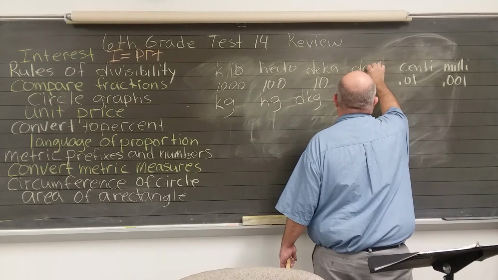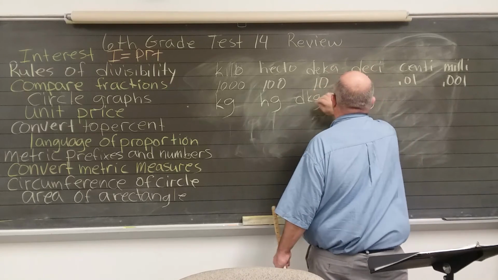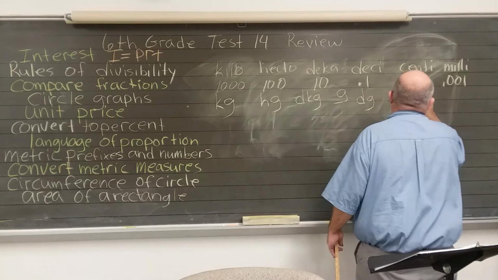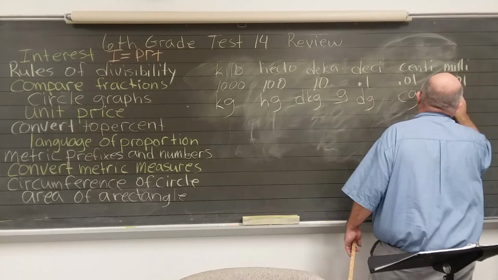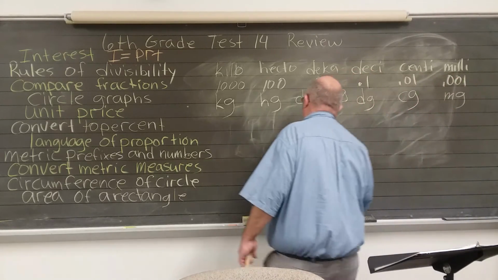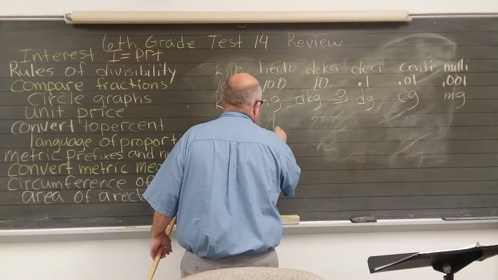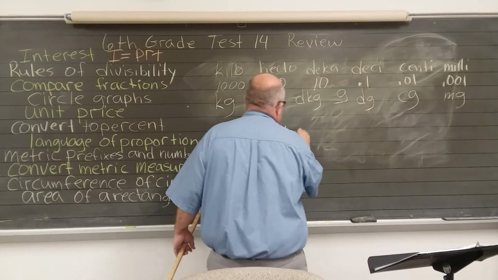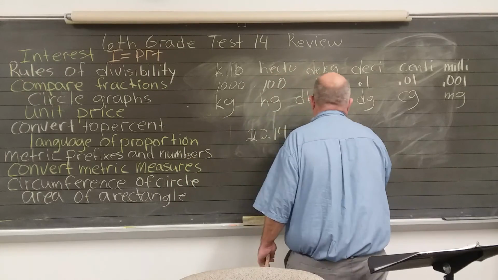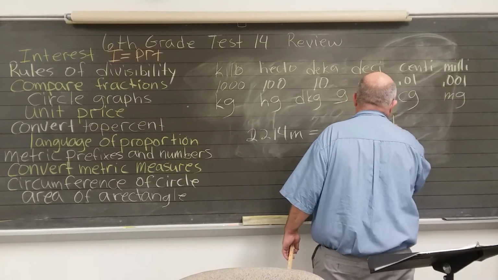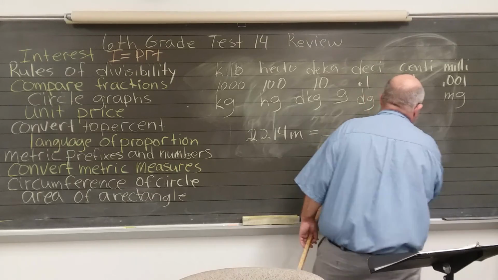DG, remember deci is the DG, deca is DKG, CG, and MG. So then I'm going to say 2,214 milligrams equals how many DKGs?